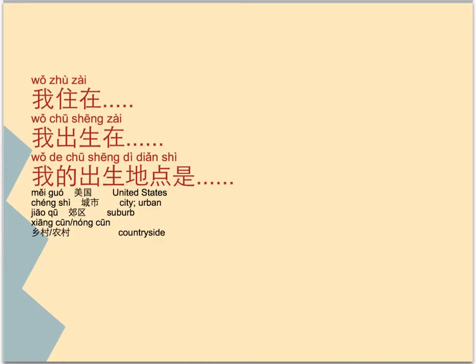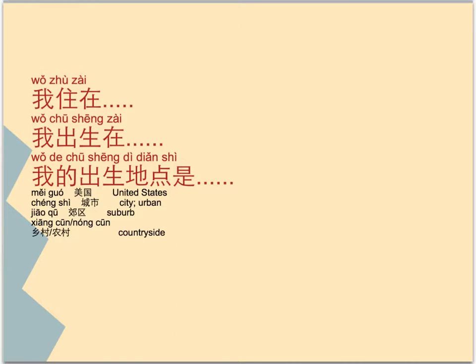If somebody was born in a city, he can say 我出生在城市. If you live in the suburb, you can say 我住在郊区. 我住在郊区.